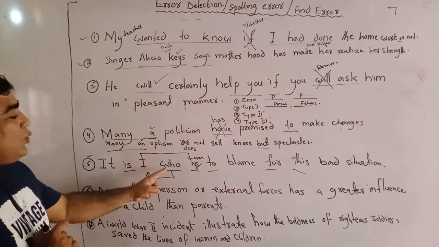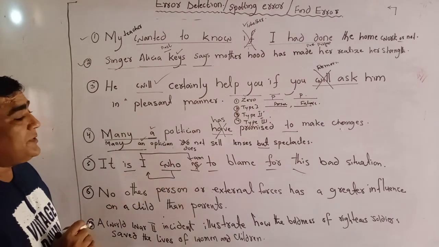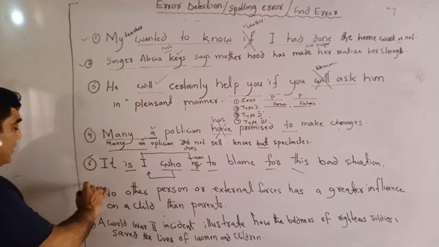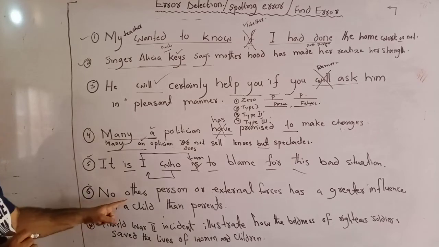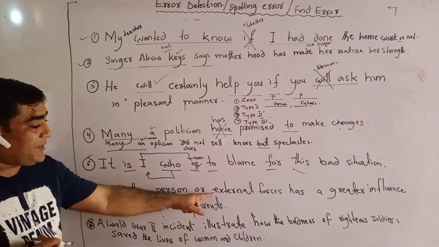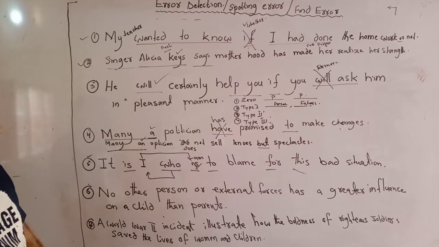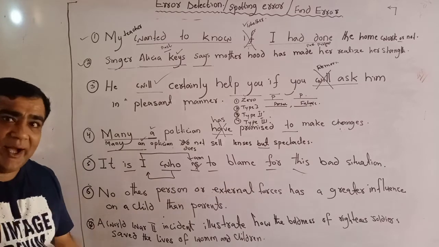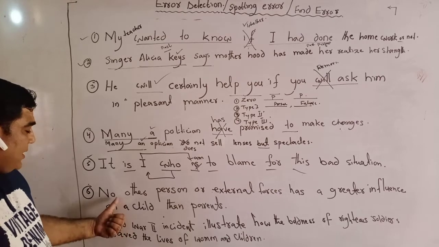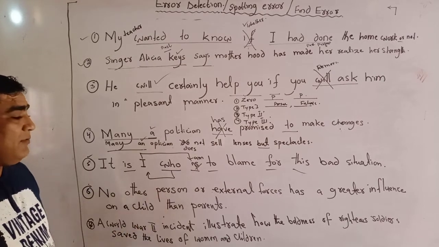It is I who am to blame for this bad situation. Okay. Coming towards the sixth one: no other person or external forces has a great influence. Find out the mistake. No other person or external forces.